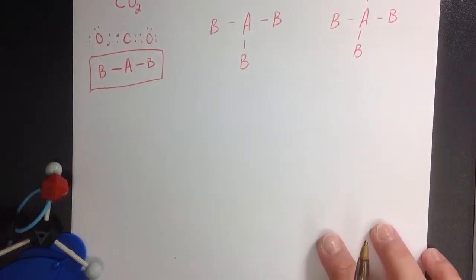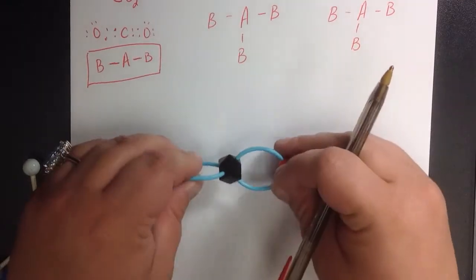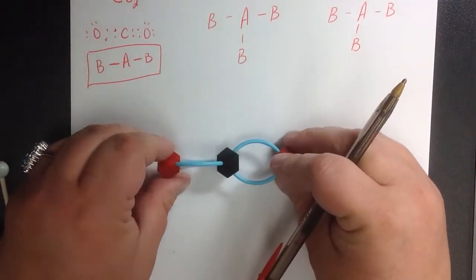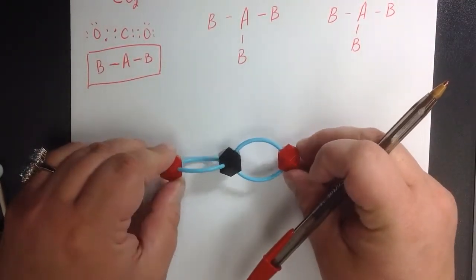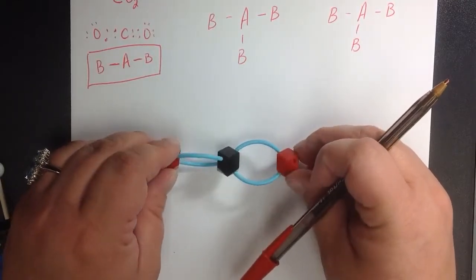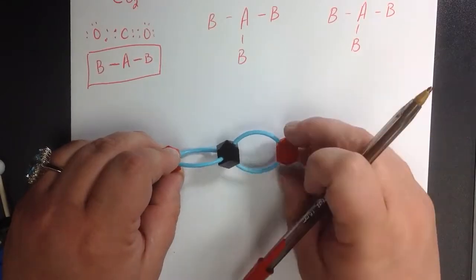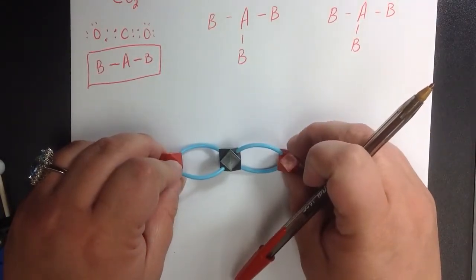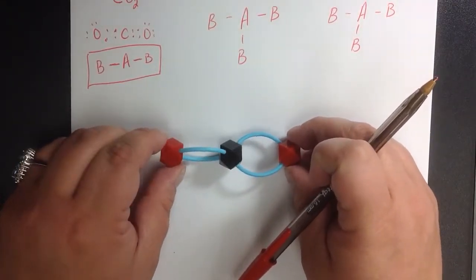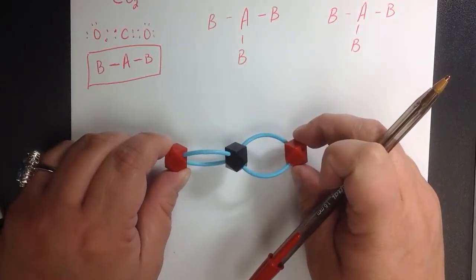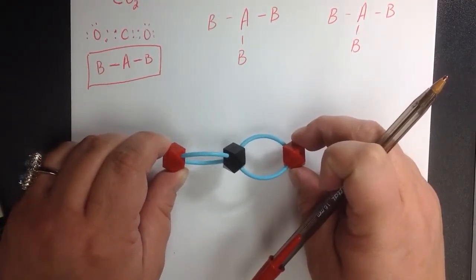Well, that's relatively easy. We can do that by putting 1 in the middle and doing something like this. Now this is actually CO2. Note that I have a double bond between these. It doesn't matter if you have a double bond or a single bond. The furthest distance that 2 things can get away from each other looks like this.